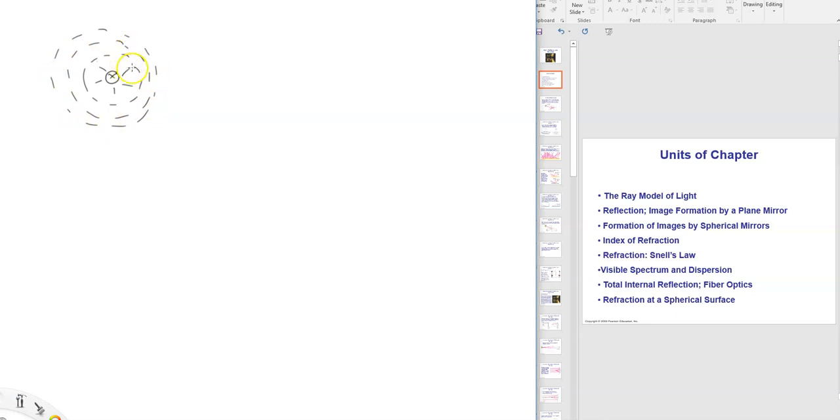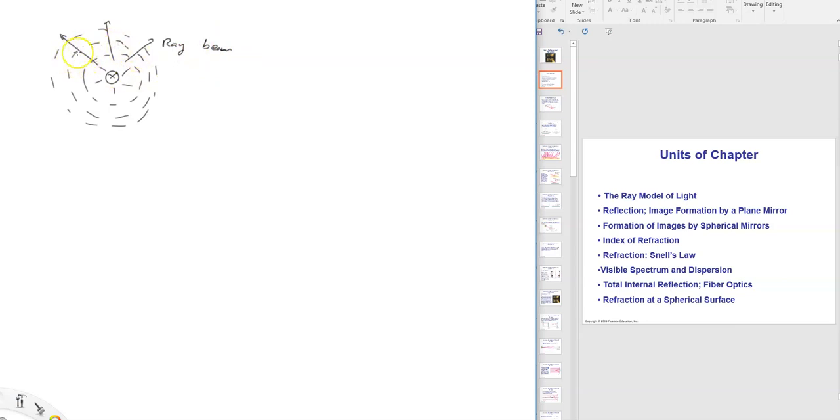Now moving outward in 3D, I will explain this in class as well. So we connect these peaks of each consecutive wave using a straight line, like this. And this we call a light ray, or sometimes we call it a beam.